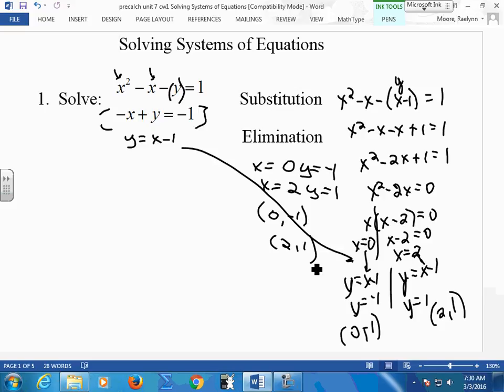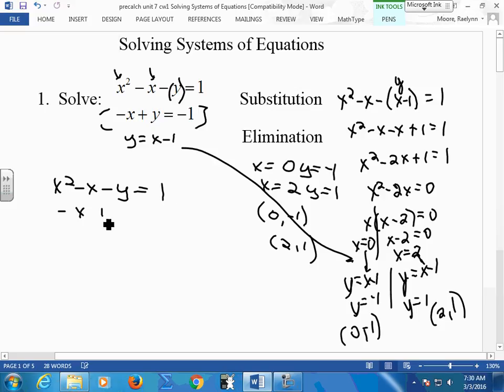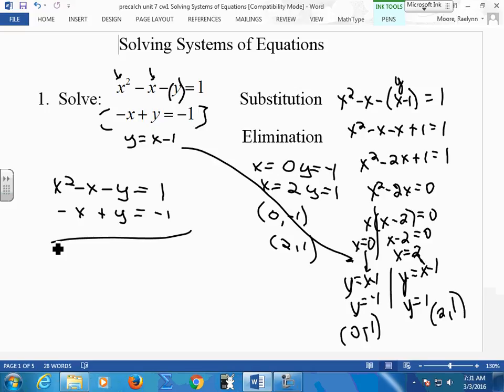Now, what's another method I could use for this? Elimination. So what would you do when you eliminate? You add it. You first have to make sure that when you add them, you will be able to eliminate one variable. So if I add this together, don't I eliminate the y's? Yeah. Right?